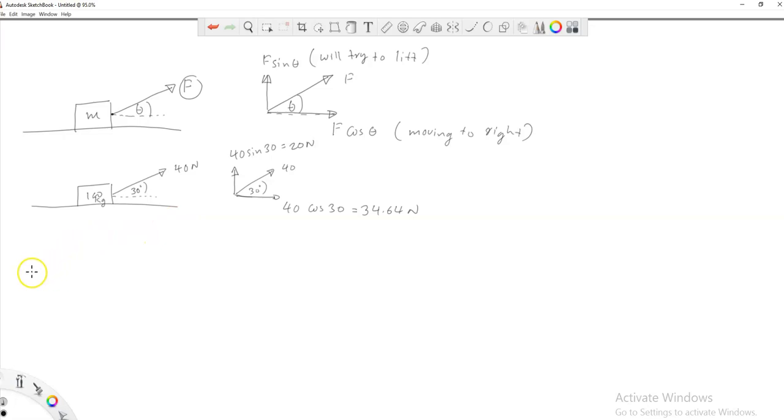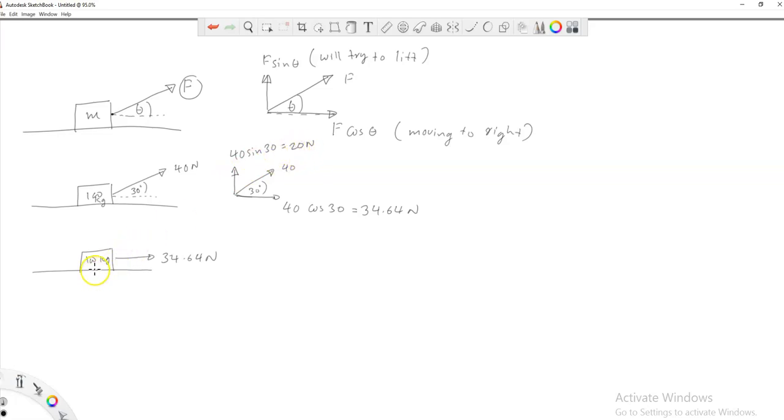So if I redraw the diagram, 100 kg, we have 34.64 newtons. Now you don't need to draw this original 40 newtons or this angle or anything. We split the main force into components and it's trying to lift it with a 20 Newton force. That's not going to do anything.